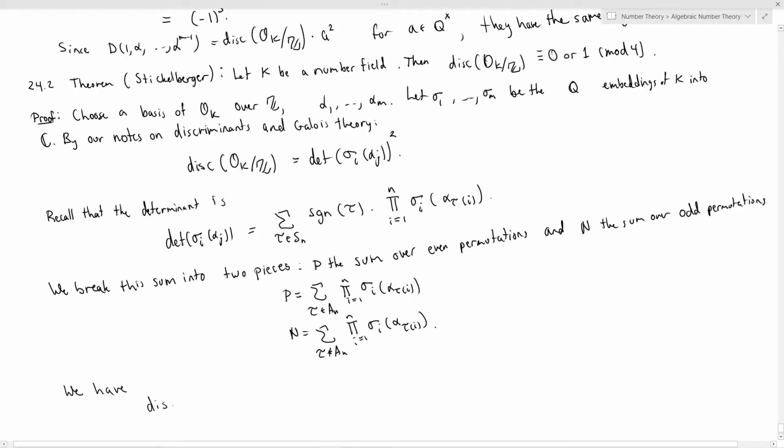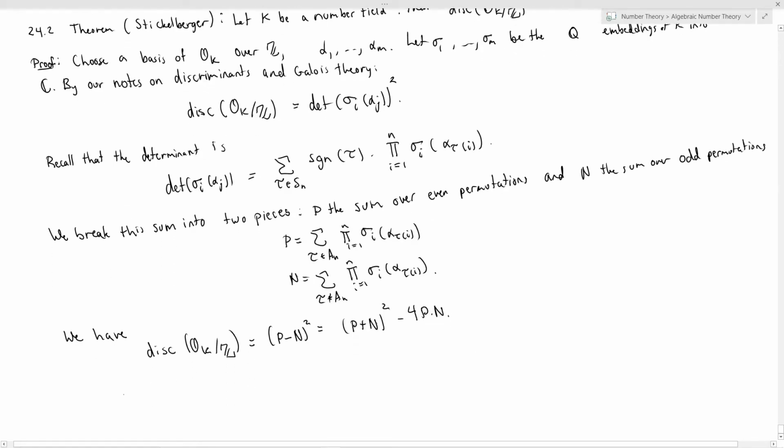Okay, so what do we see? We see that the discriminant of O_K over Z is (P minus N) squared, which is (P plus N) squared minus 4PN. And I claim P plus N and P times N are both integers, and from this we'll see that this discriminant is congruent to a square mod 4.